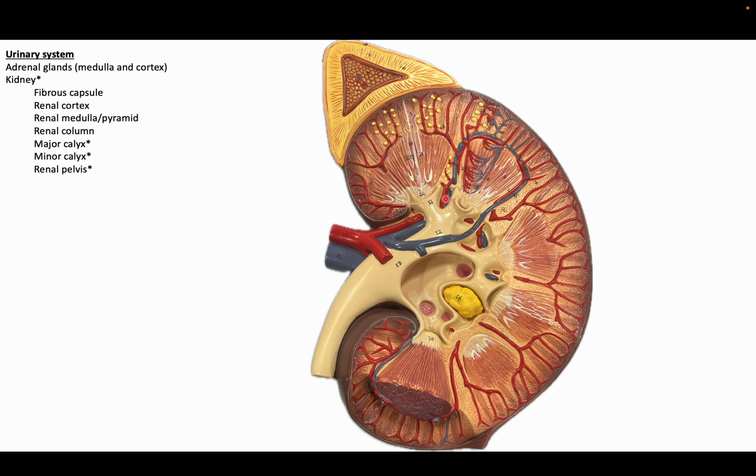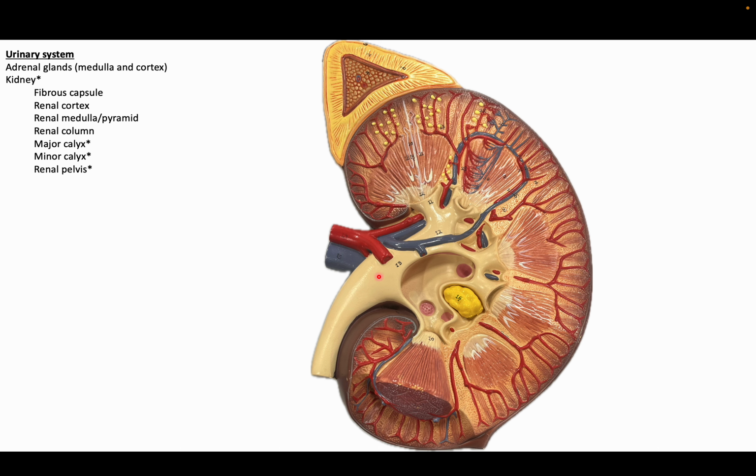You got one minor calyx here, one minor calyx here, one minor calyx here, and so on and so forth. And then the minor calyxes are going to put the urine into the major calyx. This right here is going to be the major calyx in the middle part. And from the major calyx, the urine is going to leave the kidney via the renal pelvis.